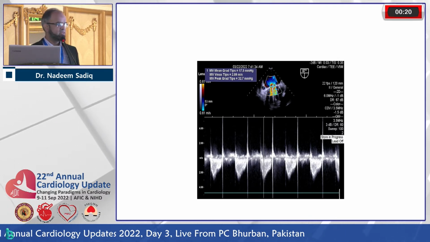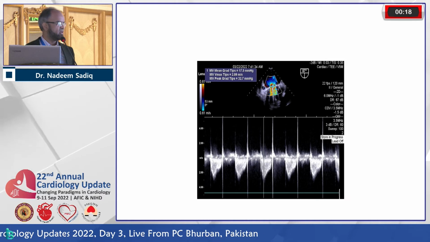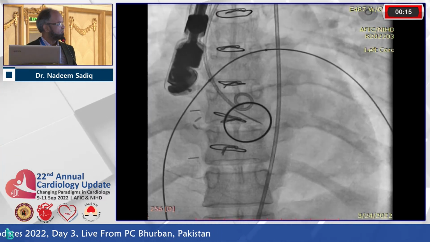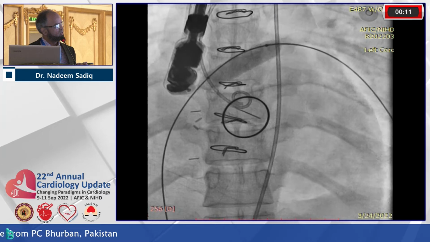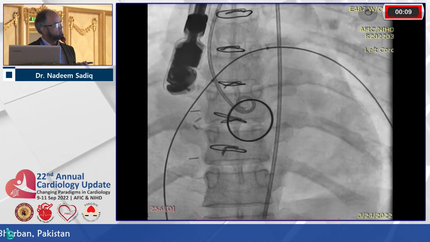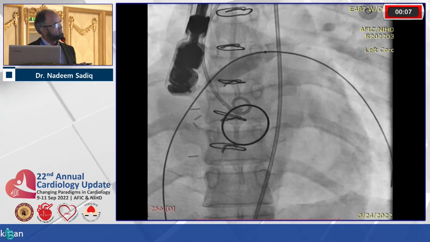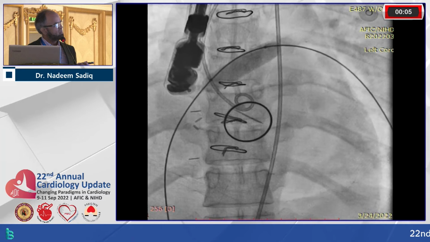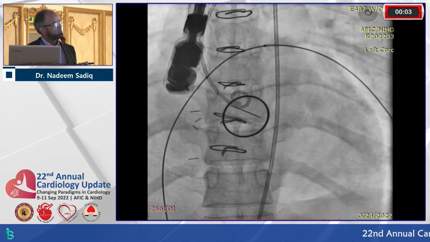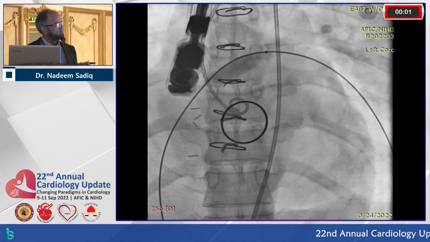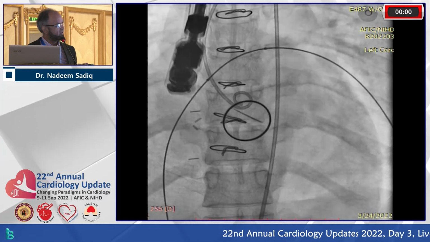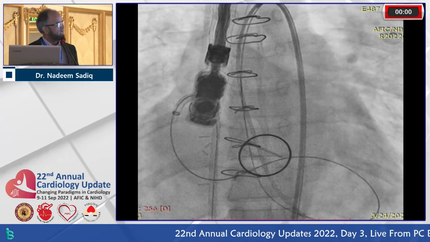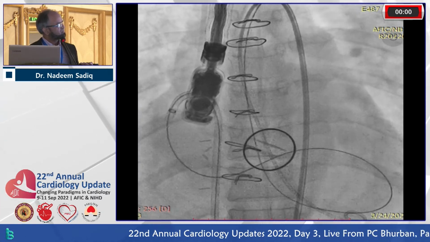So transcatheter device closure of the paravalvular leak was planned, and after transseptal puncture the sheath was not passing through, so the transseptal puncture was dilated with a balloon, and after that the steerable sheath was passed, and the paravalvular leak was crossed with a trauma wire, making an arteriovenous loop.